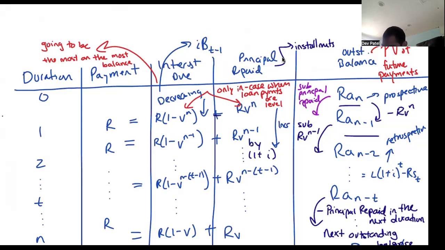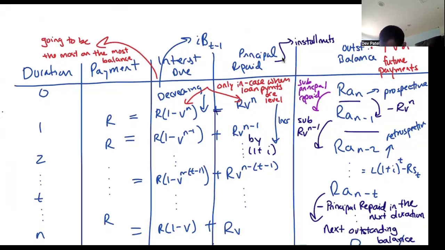They're going to be increasing by a factor of 1 plus I. Again, another thing I want to point out is that the interest due for each time period is always going to be decreasing, because the outstanding balance that you have left is decreasing and you're accumulating interest from the balance that you have. So the interest due is going to be decreasing, but the principal repaid is going to be increasing. So at each time step, you're going to be paying more for the original loan amount.